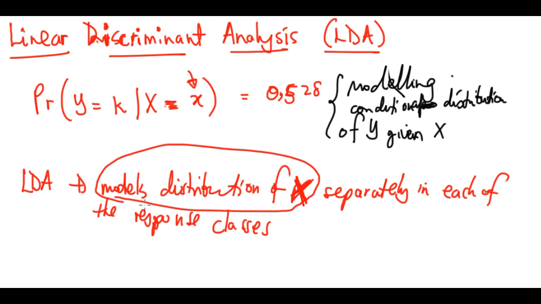Right? Here we were modeling the conditional distribution of y. Remember we said for yes the probability is whatever it was, and for the class no, the probability is this. But here we are modeling the distribution of the x's in each of the response classes, right?